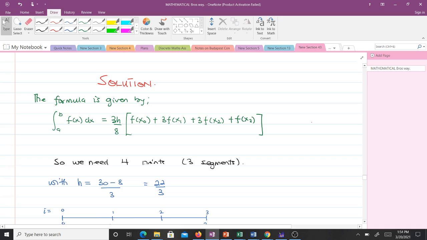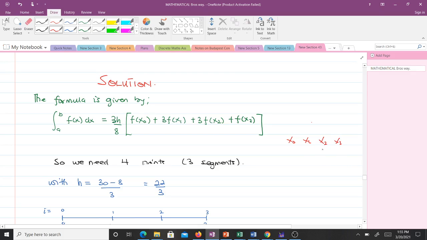So you know the formula is given by the integral from a to b of f of x dx equals 3h over 8 times f of x0 plus 3f of x1 plus 3f of x2 plus f of x3, right? So that means that we need these 4 points, x0, x1, x2, x3.